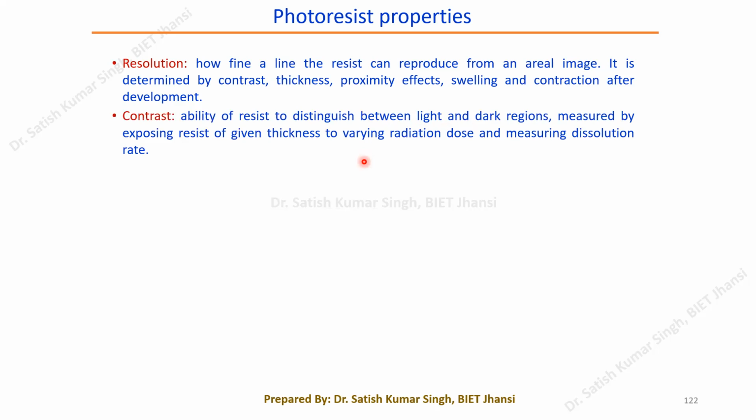How well it is going to contrast between the exposed and unexposed areas, because you know that whenever the wafer is exposed through the mask, which contains certain opaque regions and certain transparent regions, wherever it is transparent, the light will expose the wafer, and wherever it is opaque, the wafer cannot be exposed to the light.